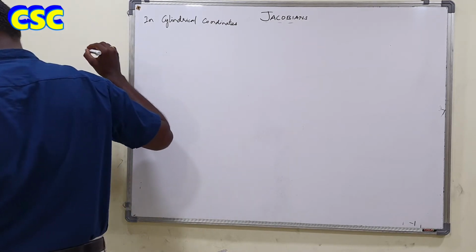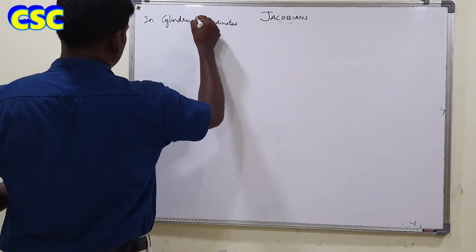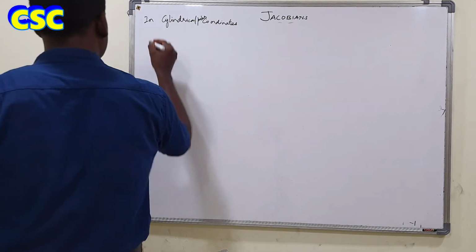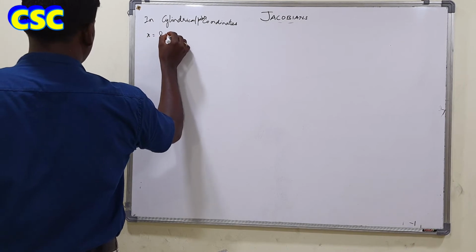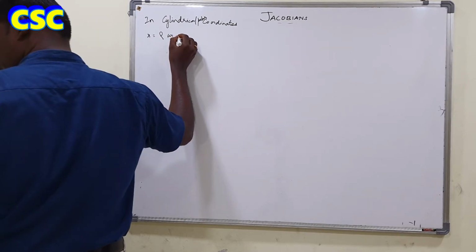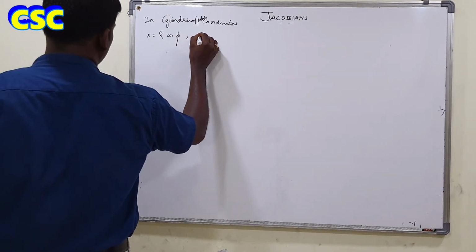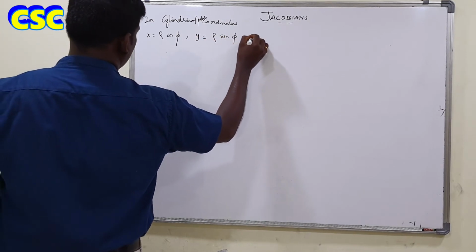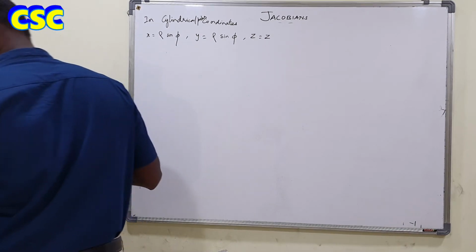In cylindrical polar coordinates, x is equal to rho cos phi, y is equal to rho sin phi, z equal to z.